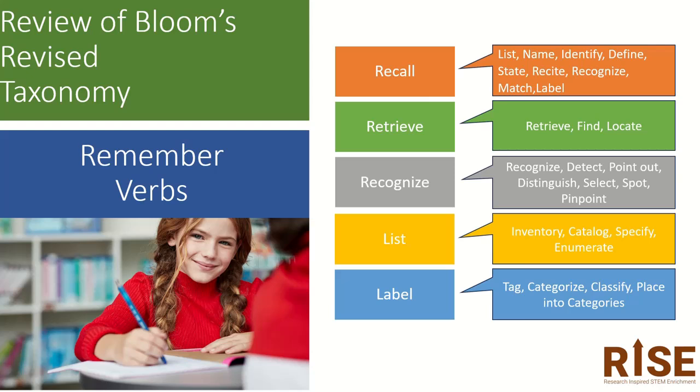To ask students to retrieve information, use verbs such as retrieve, find, and locate. When asking students to recognize, use verbs such as recognize, detect, point out, distinguish, select, spot, and pinpoint.